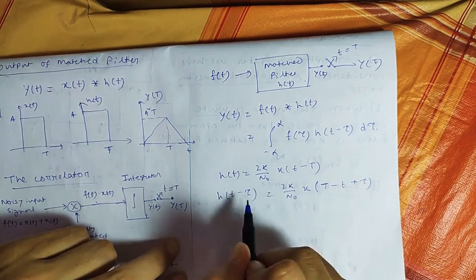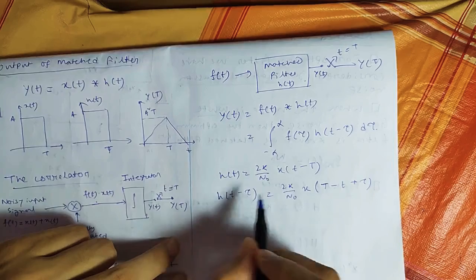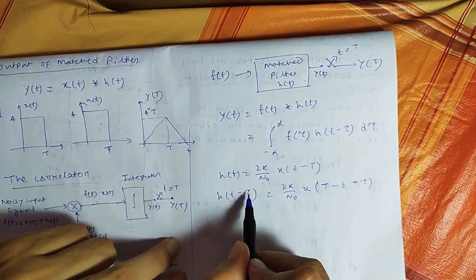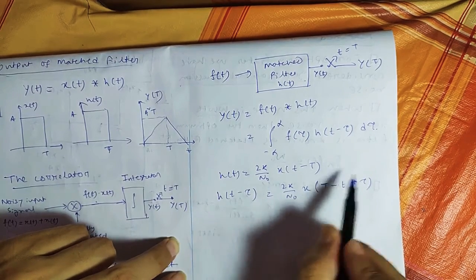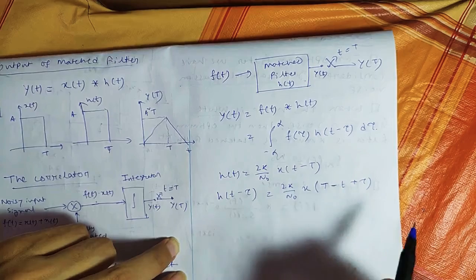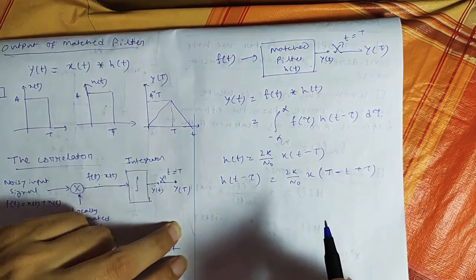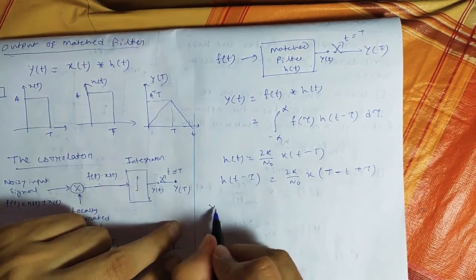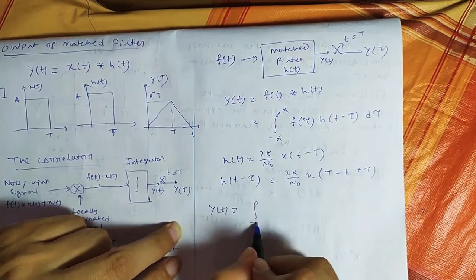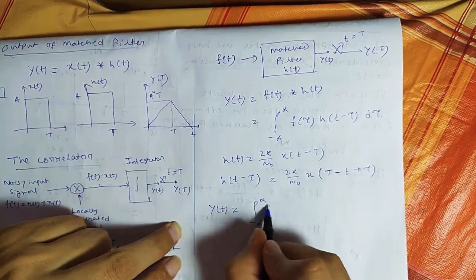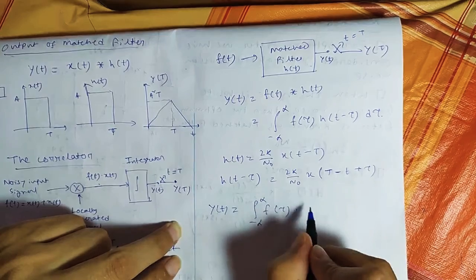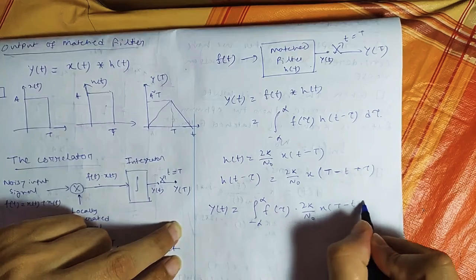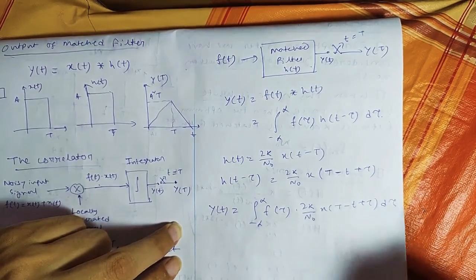Here we replaced t by t minus tau, so that's why it is negative and positive. And we'll replace this into the y(t) expression, so y(t) will be the integral from minus infinity to infinity of f(tau) 2k by N0 x(T minus t plus tau) d tau.